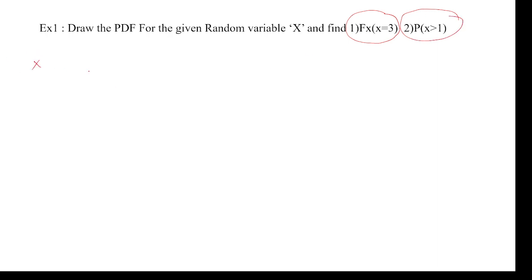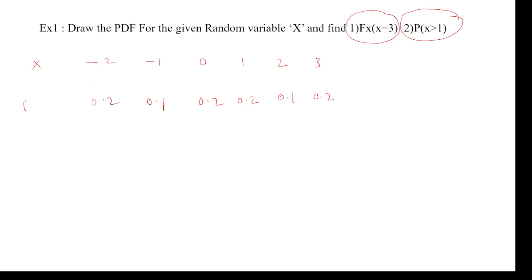So X is a random variable having the values -2, -1, 0, 1, 2 and 3, I am assuming. The corresponding probabilities are 0.2, 0.1, 0.2, 0.2, 0.1, 0.2. The total should always be 1.